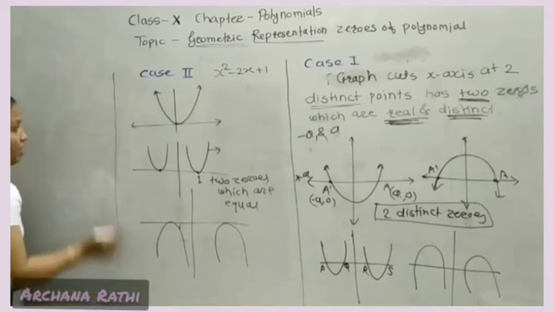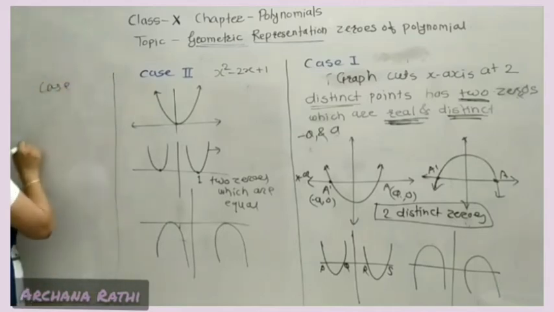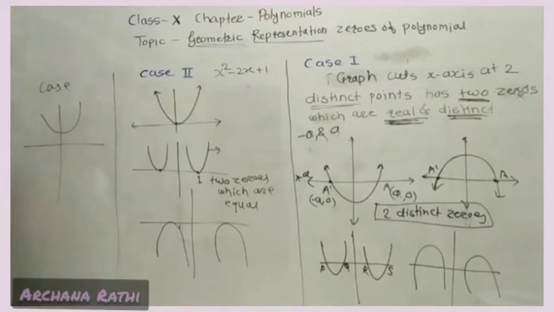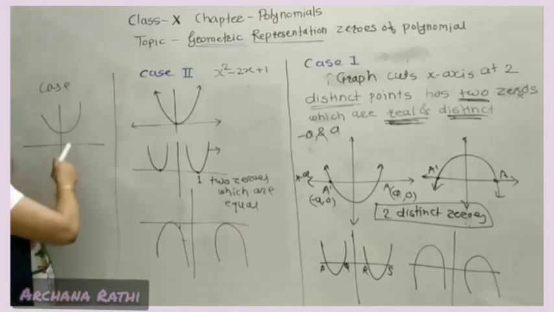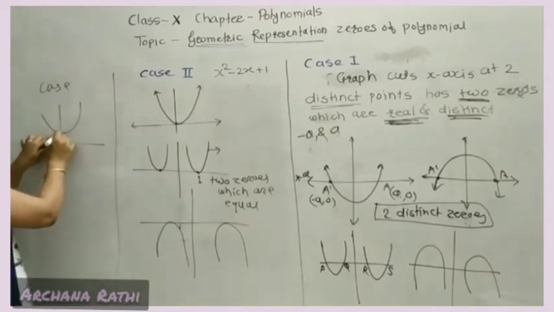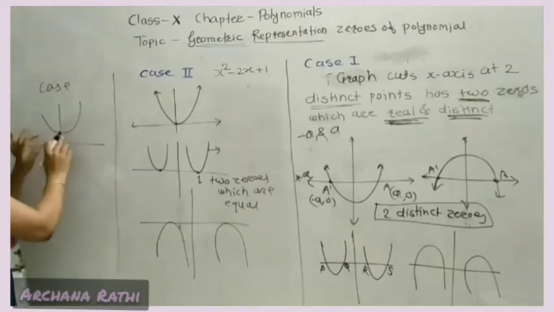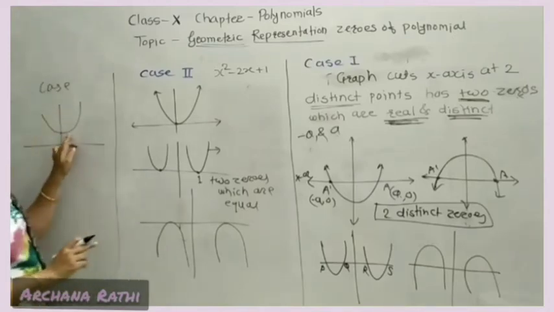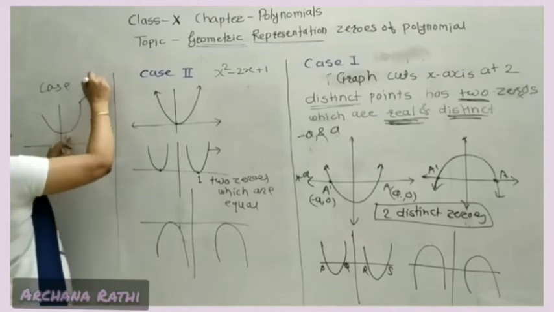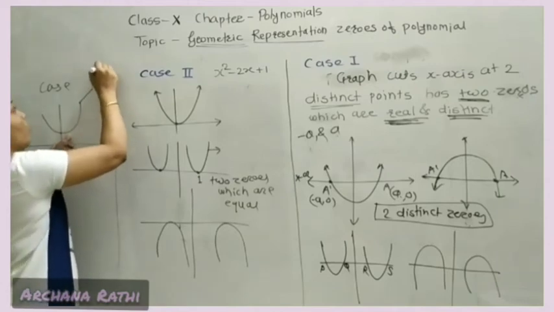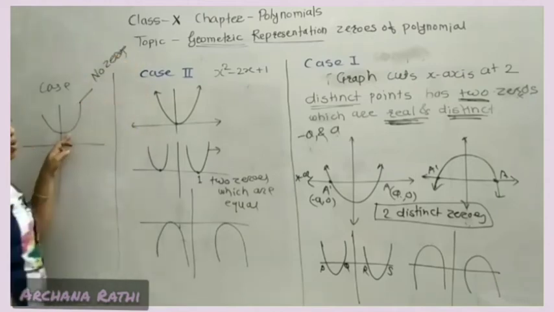Now the last case: if the parabola does not intersect or touch the x-axis, that means the polynomial has no zeros. You have to keep this in mind.